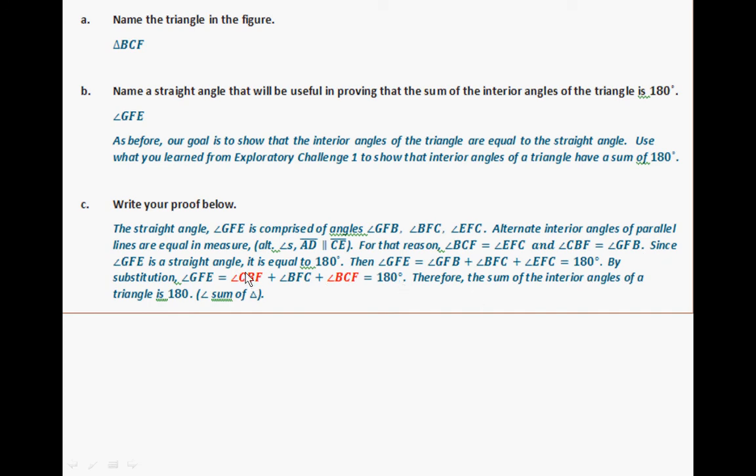Since GFE is a straight angle and is equal to 180 degrees, then GFE is equal to GFB plus BFC plus EFC, which is 180 degrees. And by substitution, GFE is equal to angle CBF plus BFC plus BCF, and therefore the sum of interior angles of a triangle is 180 degrees.